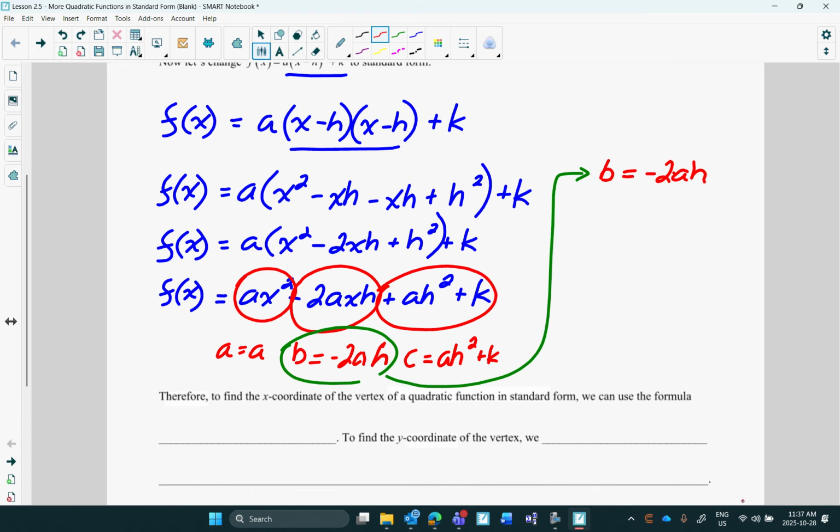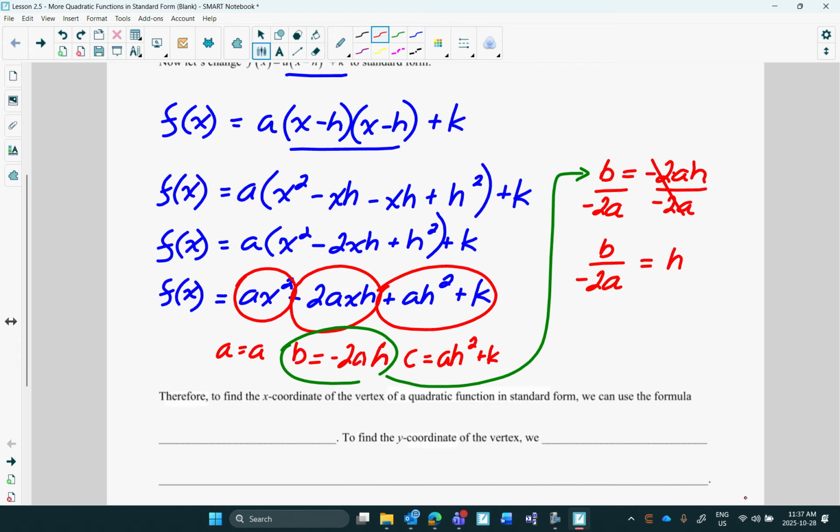How would I solve for H? How would I get H by itself? Divide both sides by negative 2A. Why did I do that? What's H again? In a quadratic function, what does H represent?